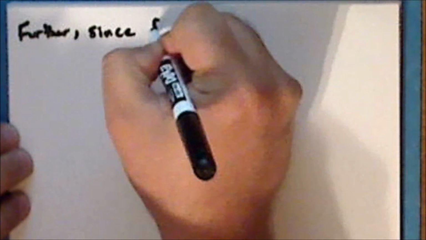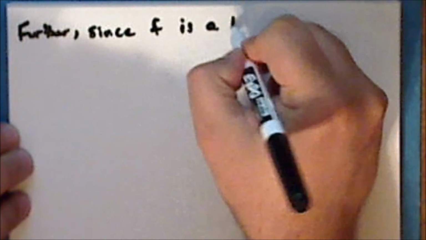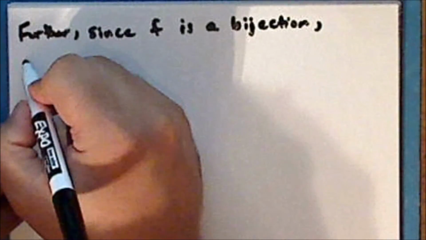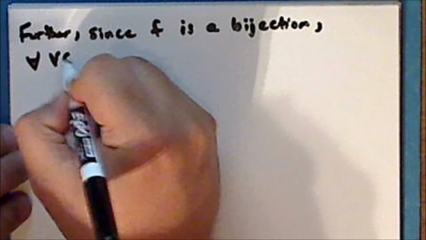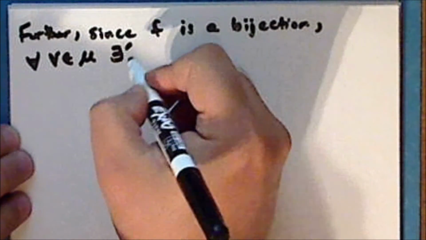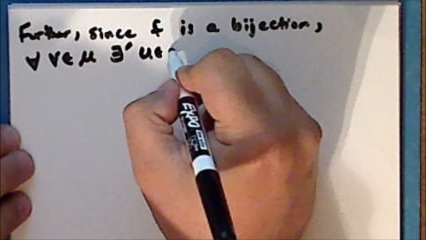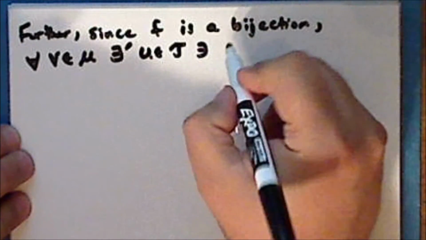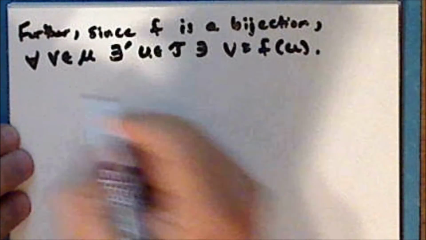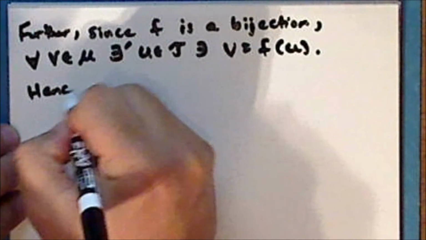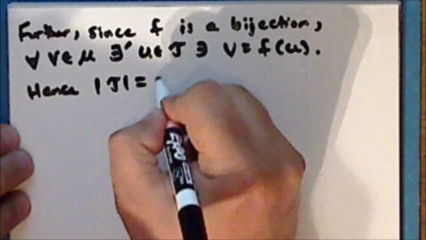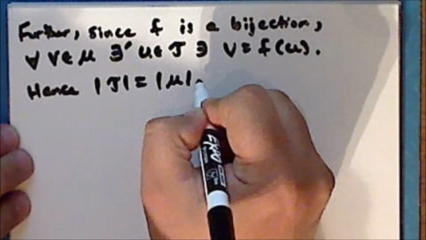Further, since the function f is a bijection, for every set V that is open in the space Y, there exists exactly one set U that is open in the space X, such that V is the direct image of the set U, and hence the cardinality of the topology tau is equal to the cardinality of the topology mu.